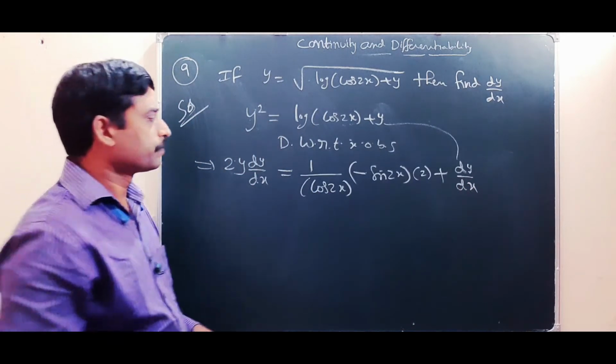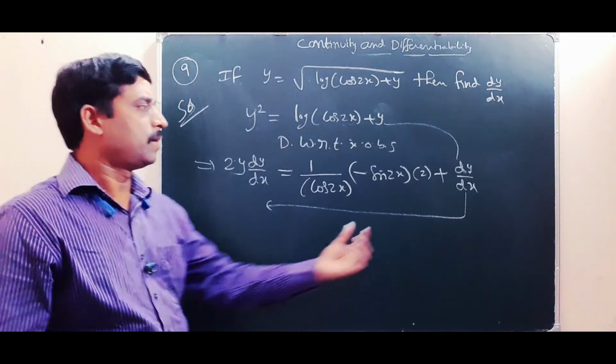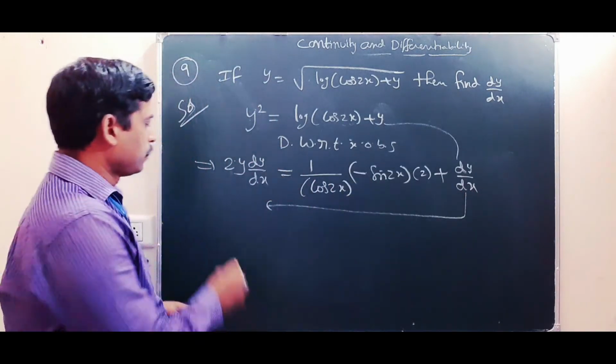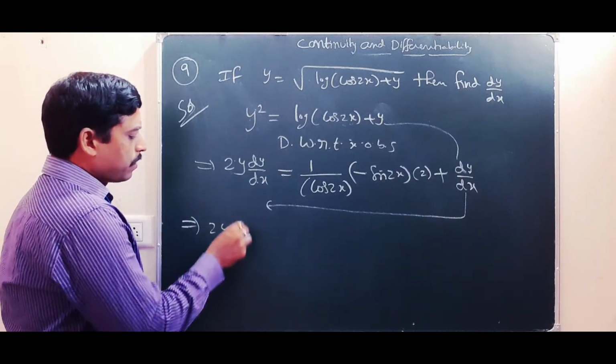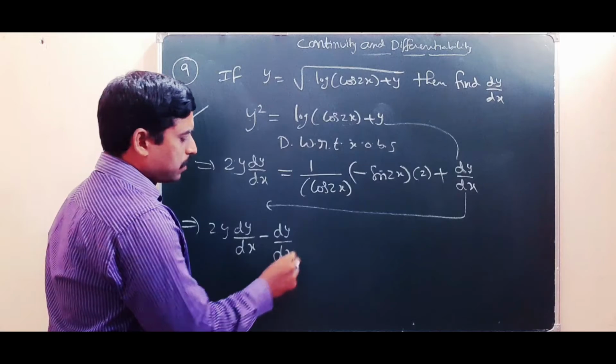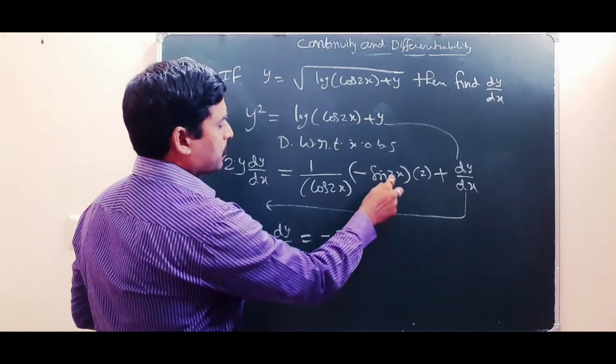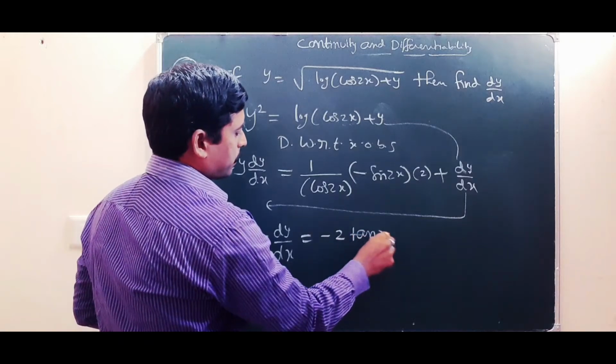Now we collect the dy by dx terms, bringing dy by dx to the left side. So this will be 2y into dy by dx minus dy by dx, equal to minus 2 times sin by cos, that is tan 2x.